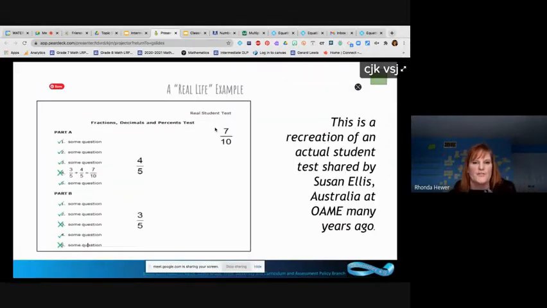So here's a real life example of exactly what we're talking about. I'm just going to give you a second to look at this. And if you see something, either unmute and speak up, or just write in the chat, what are you noticing about this test?